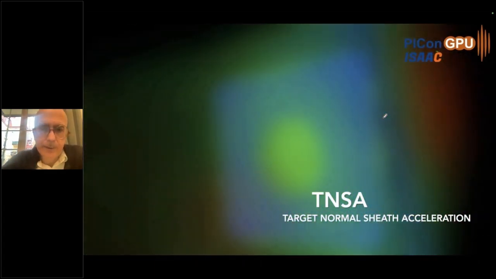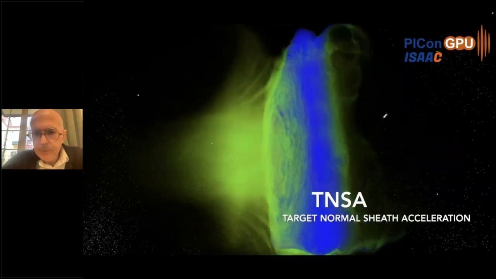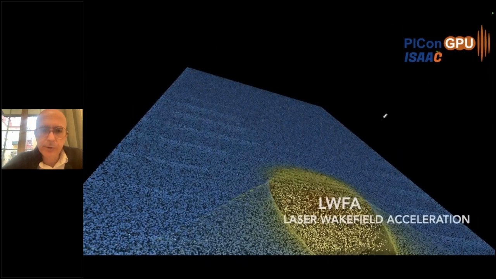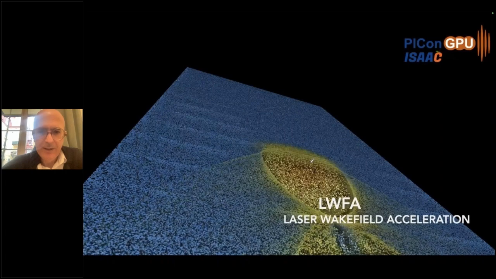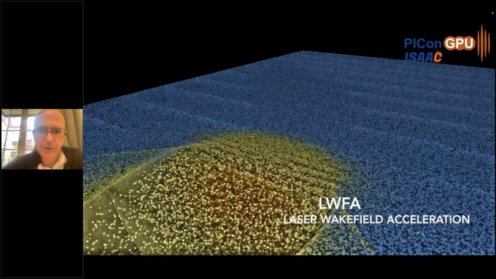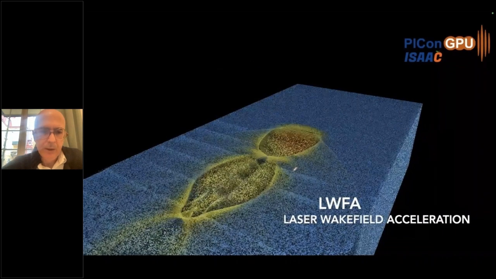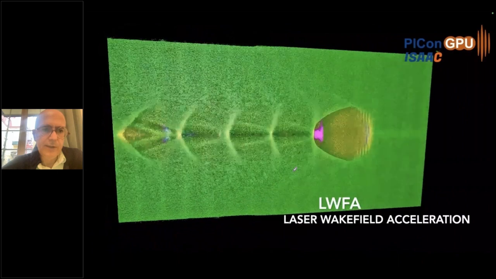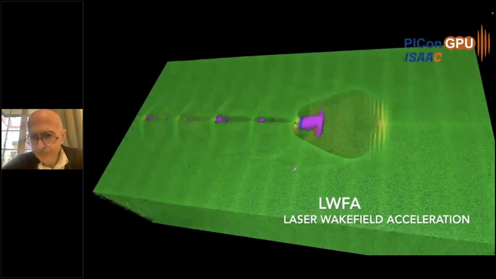That means that we are sampling the distribution function of electrons and protons using computational particles. And you see here a sample in these videos of the computational particles themselves. In this case, it is the interaction of a laser with the plasma that creates beams.